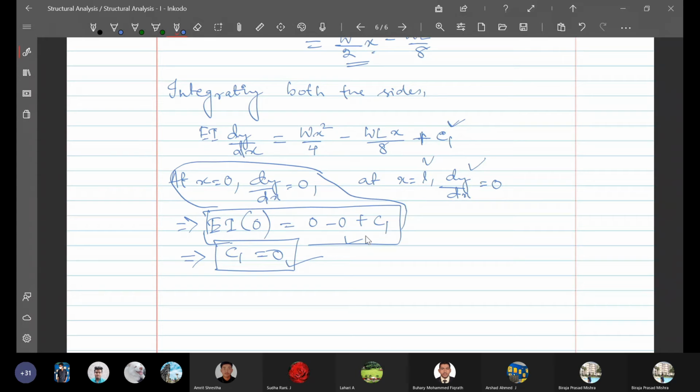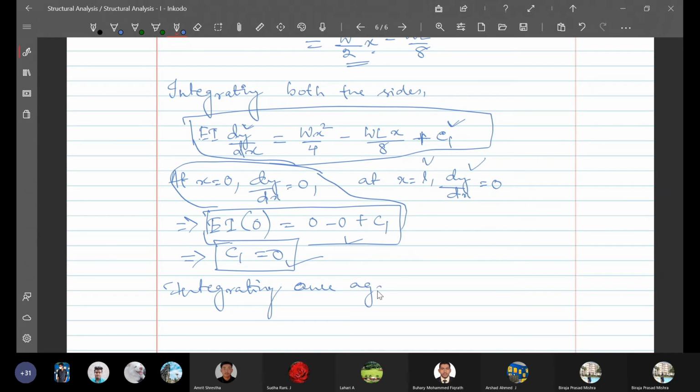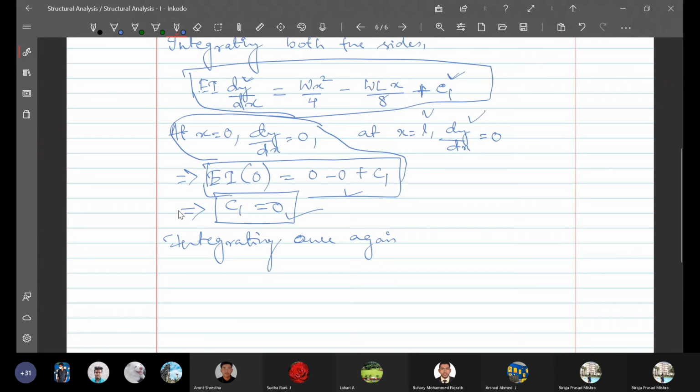Now the next one. So now we have only carried out one integration. Still we don't know the value of y. So again we integrate that one, integrating once again. So if I integrate once again, can I write like this?